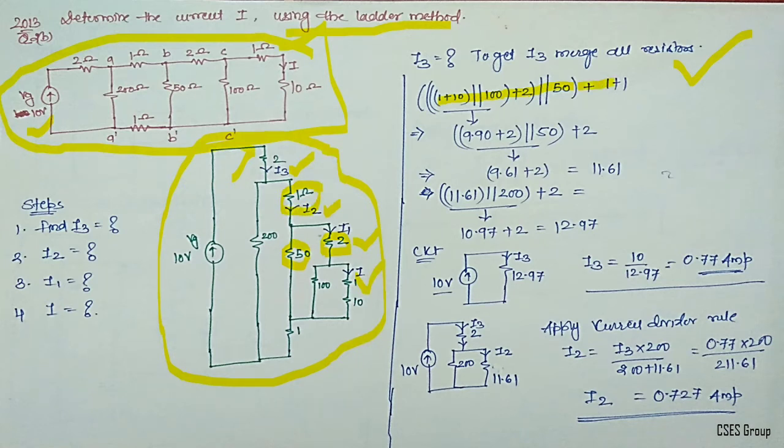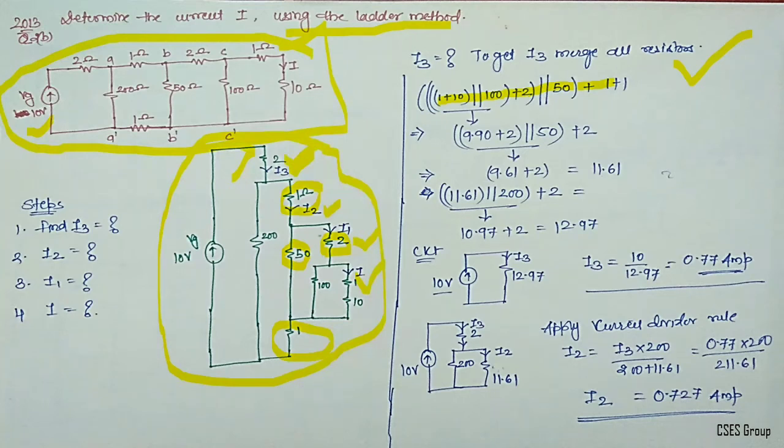Whatever comes is in parallel with 200, is in series with 1 ohm, and then so on. Up to here I am writing, and then again I will go for the parallel combination of this 200 with this equivalent resistance plus the series value here.